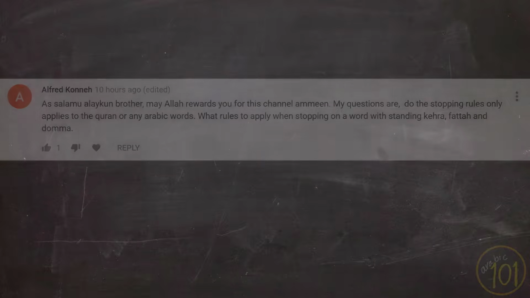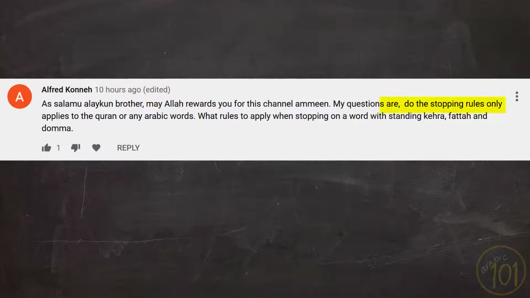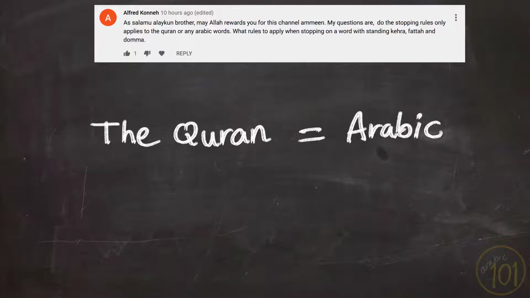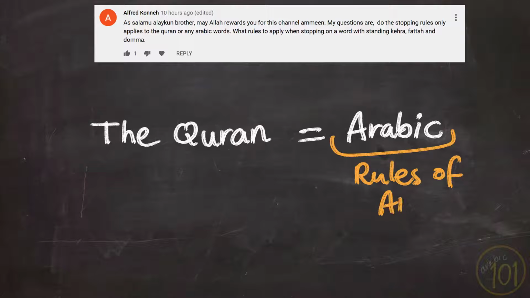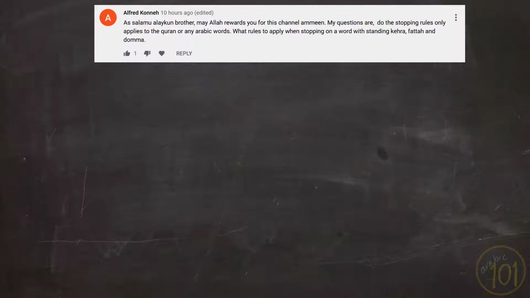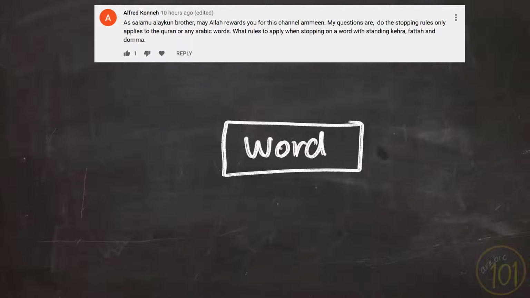Next question. Do the stopping rules only apply to the Quran or any Arabic words? What rules apply when stopping on a word with a standing kasra, fatha, and dhamma? Yes, since the Quran is written in Arabic, the rules of Arabic apply to the Quran. And it is a general rule that Arabs never start a word with a sukoon, and they never end a word with a vowel.